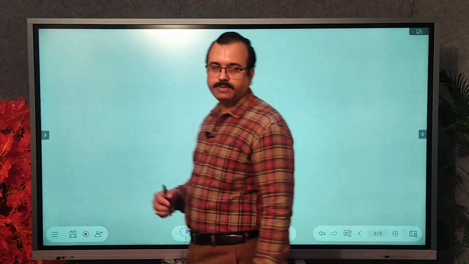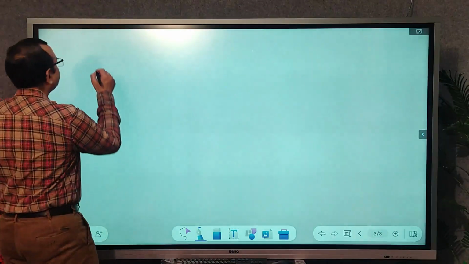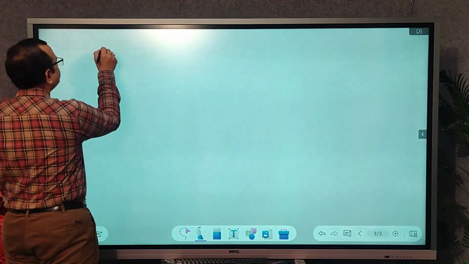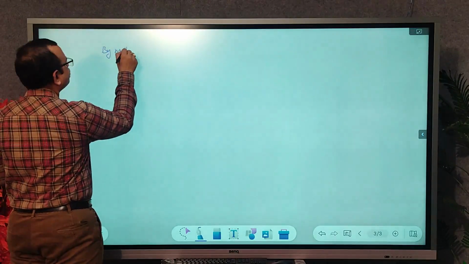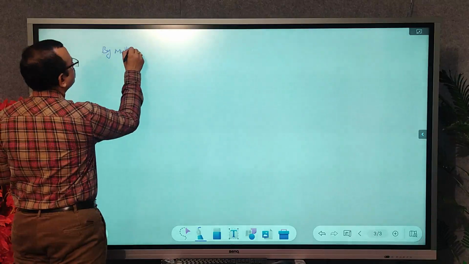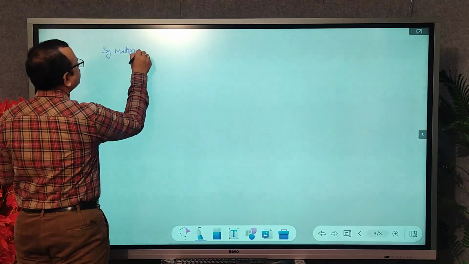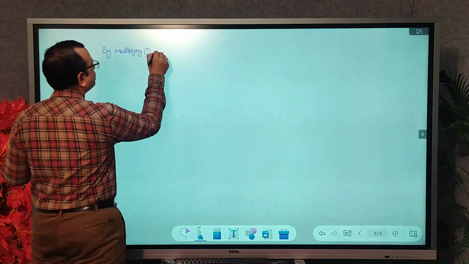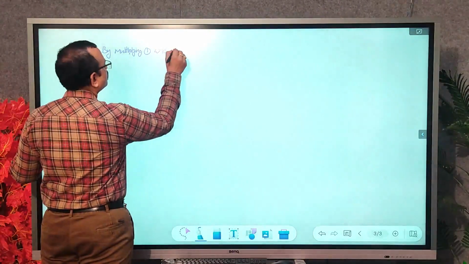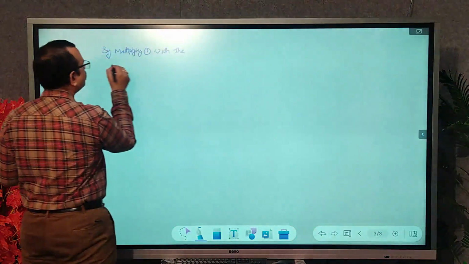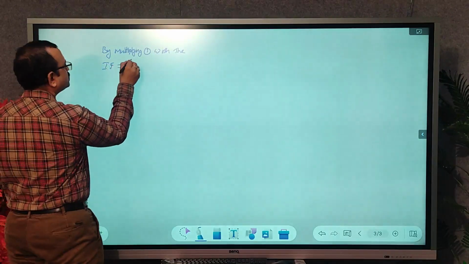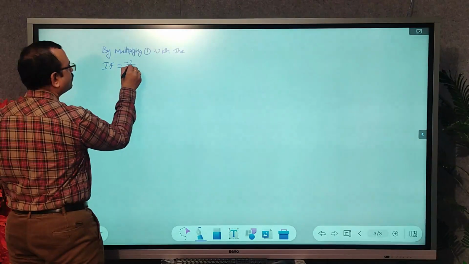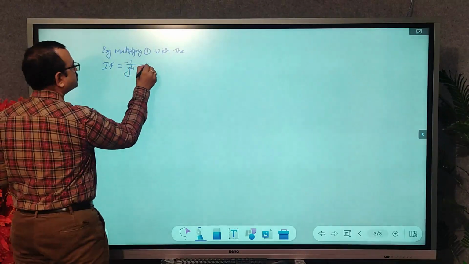Now we just multiply equation 1 with the integrating factor, that is minus 1 by y power 4, on both sides.